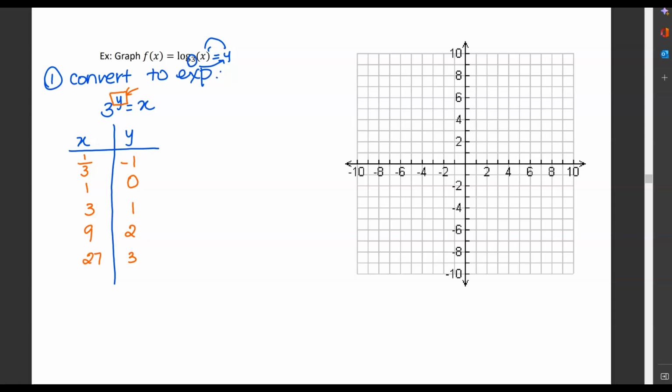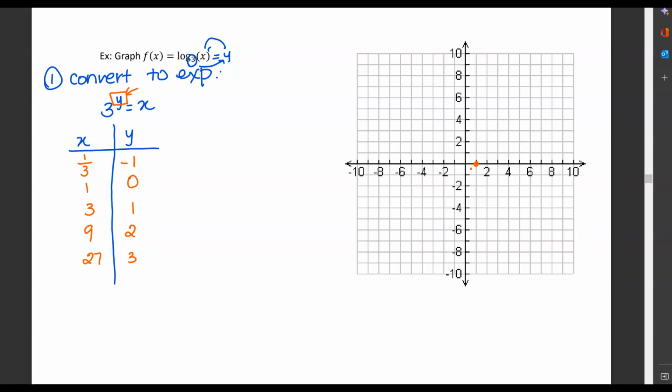So let's go ahead and plot some of these. At 1/3, we're going to be at -1. So something like that right there. Okay. At 1, we're going to be at 0. At 3, we're going to be at 1.